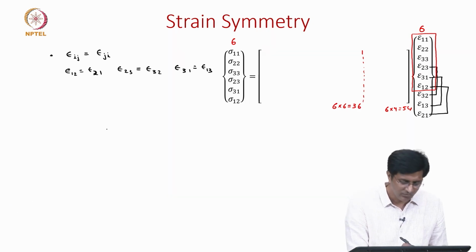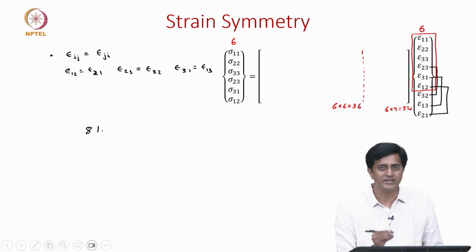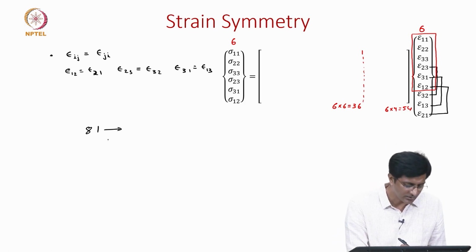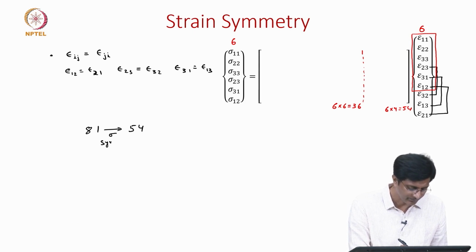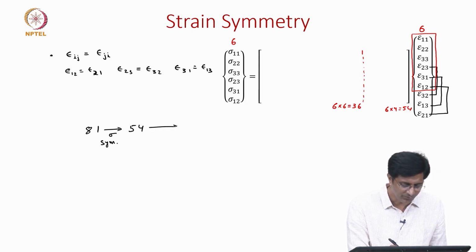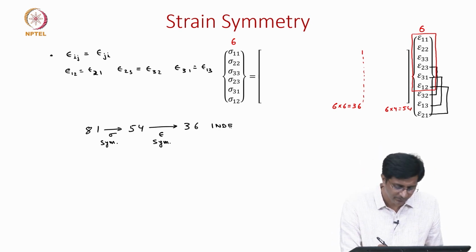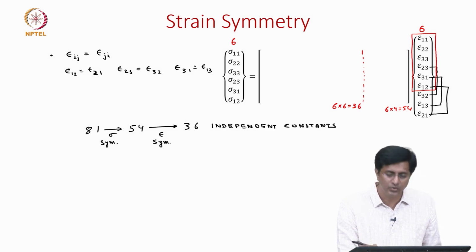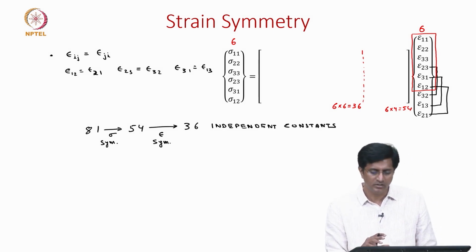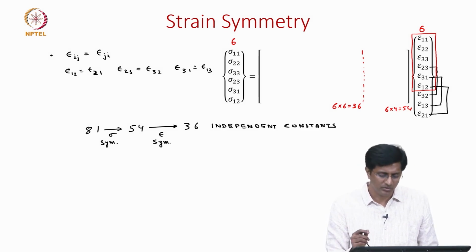Essentially we started with 81 constants for an anisotropic material, then because of the stress symmetry we reduced it to 54, and now from 54 we have reduced it to 36. Here we have considered the strain symmetry. So, we just need these 36 independent constants to define the relation between the stress and strain in a linear elastic anisotropic material.